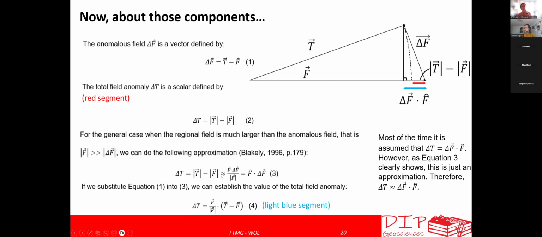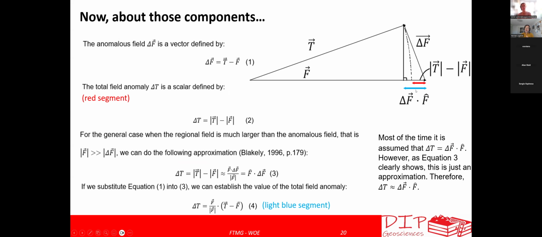So if you do T minus F in norm form, it's pretty similar to this dot product: F projected into delta F divided by the norm of F. In other words, the unit vector of F times the dot product with delta F. And if you substitute this one into here, this is what we have for delta T. It's actually the IGRF divided by the norm of it, dot product T minus F. And that is the light blue.